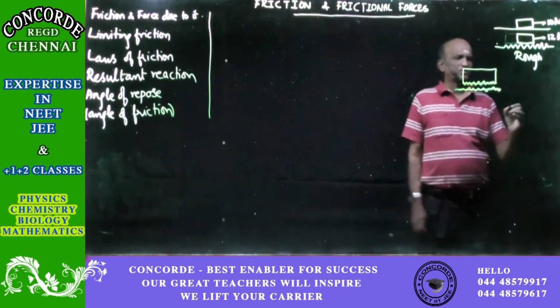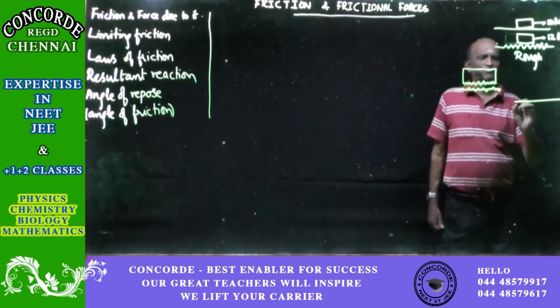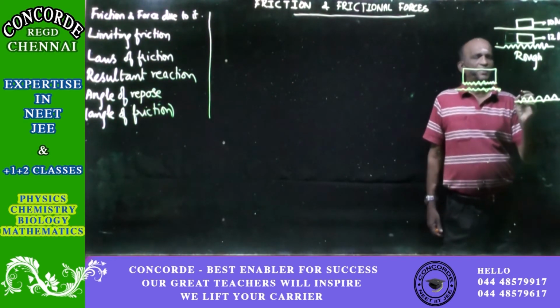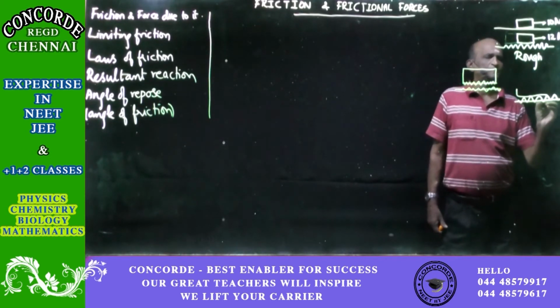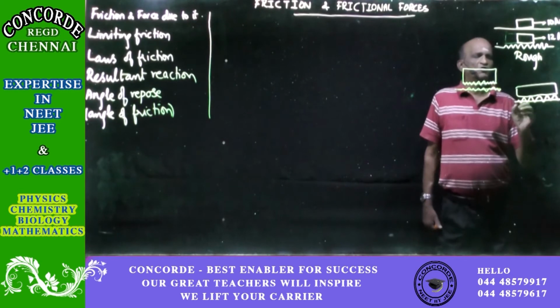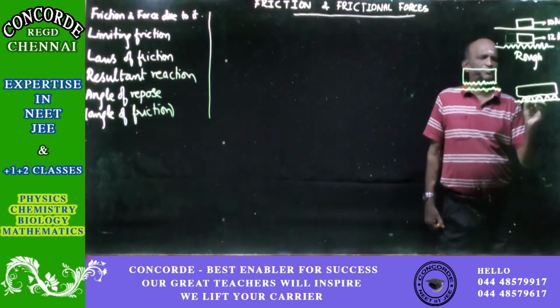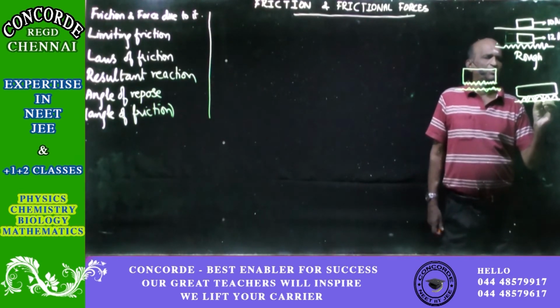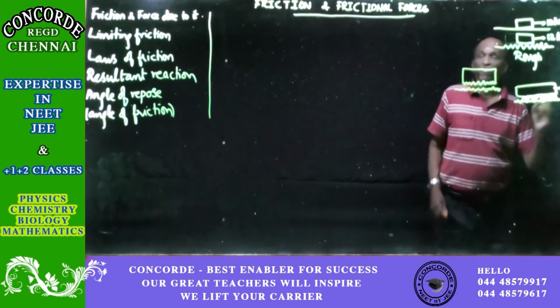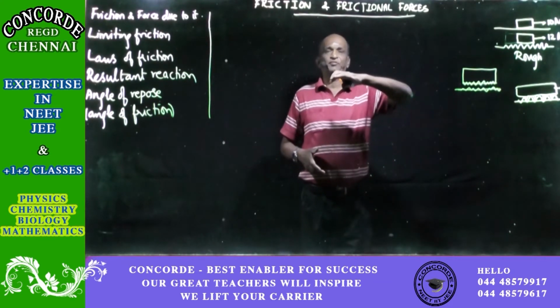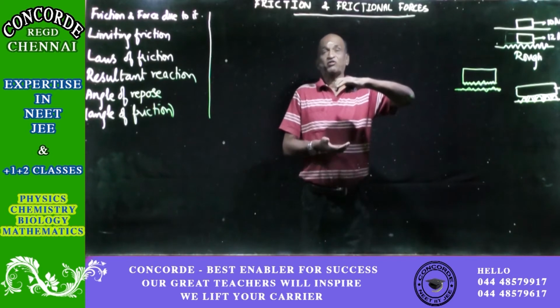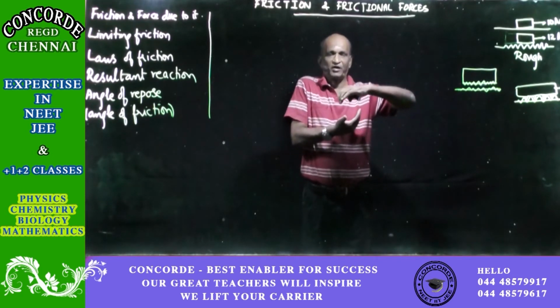So when you place the body on the rough surface like this, and the body also has a rough surface like this, the ups and downs of the body, when it is moved, will contact the projections of the surface. It will be somewhat like this. The body has some ups and downs. The surface on which the body is moving also has ups and downs.